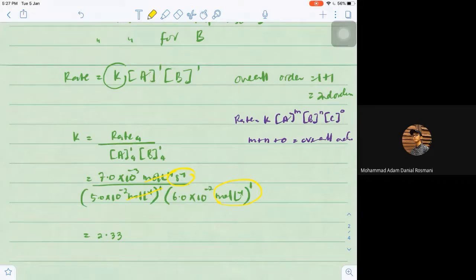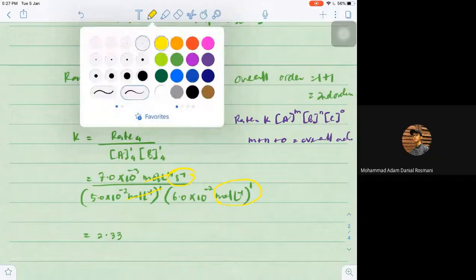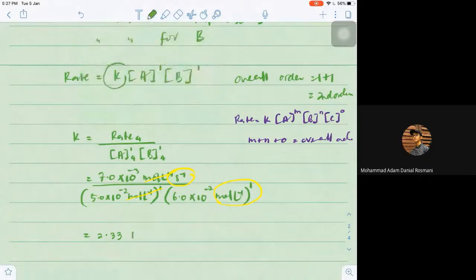The overall order is second order, so it will be liter per mole per second. So when we calculate the rate constant, the value and also the unit are insisted on. They have to be correct.